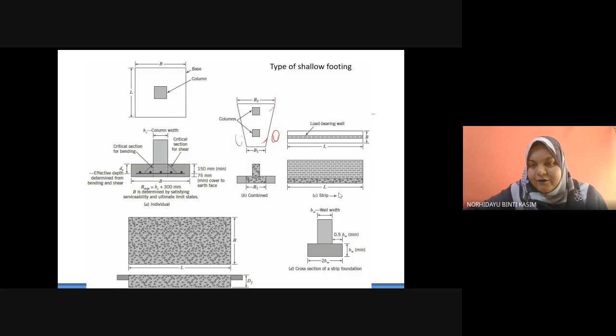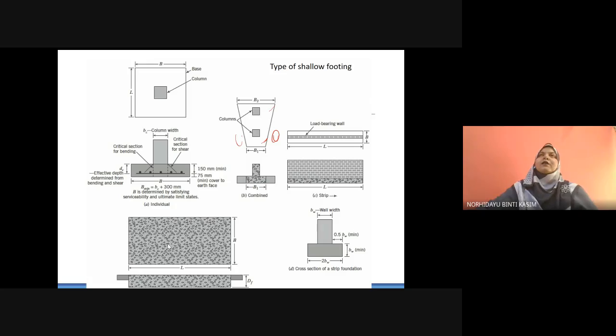And then we have strip footing. When you have a load bearing wall, meaning a wall without a column, you need to have a strip footing, so we call it strip footing.